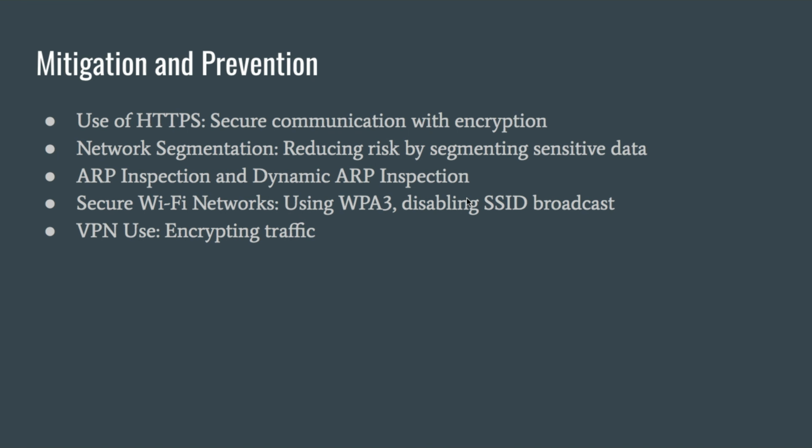But using WPA3 will make the hacker's life difficult because WPA3 encryption is hard to decrypt. Then VPN use. So for me it's very important to use VPN so that your traffic will be encrypted.